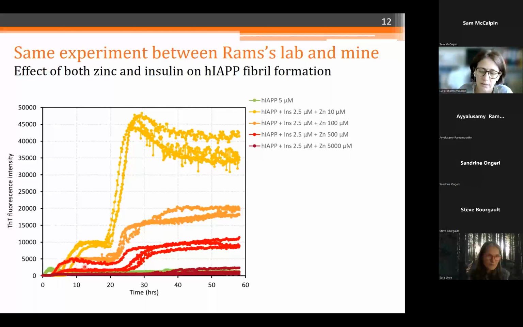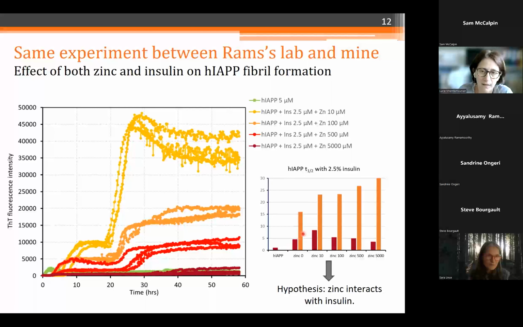And we can see that the T-alpha of IAPP increases at the beginning, suggesting that insulin does inhibit IAPP fibril formation. But after a while, we have the opposite effect. So we hypothesize that zinc interacts with insulin, and then we have less insulin available to inhibit IAPP fibril formation.